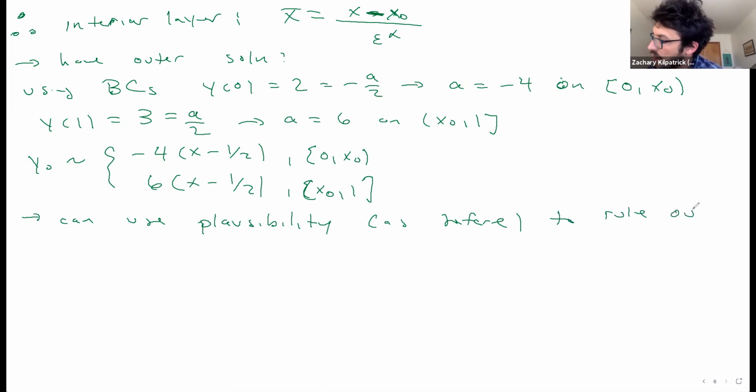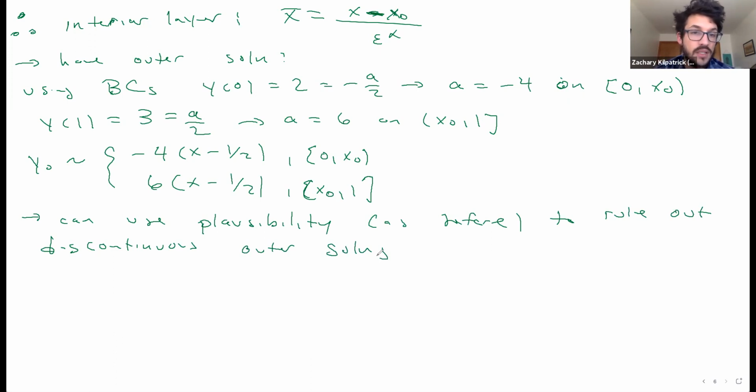So basically to rule out discontinuous outer solutions, okay? Essentially using the same arguments as before. You can say, well, let's assume that there's some discontinuous outer solution. In order to resolve that, I would need to have an inner solution that connected this jump discontinuity.